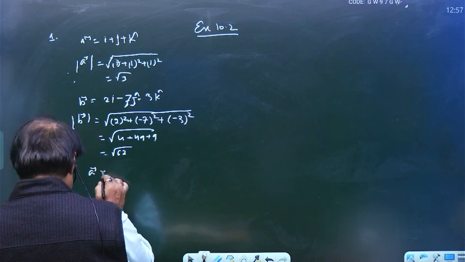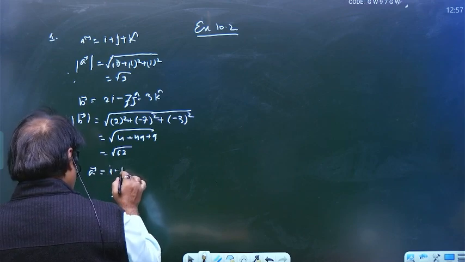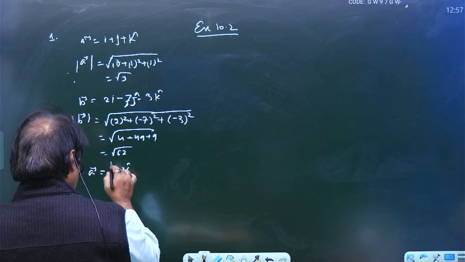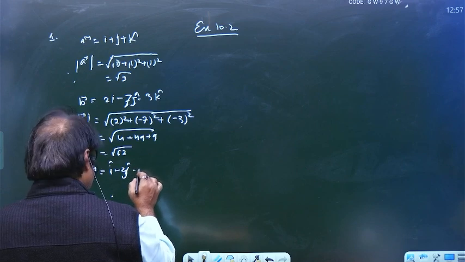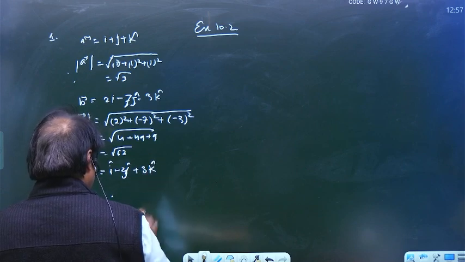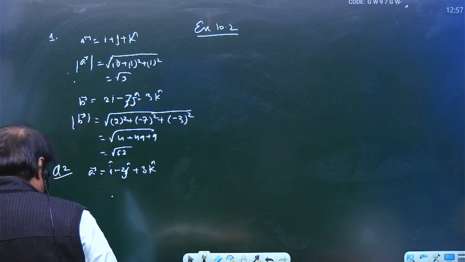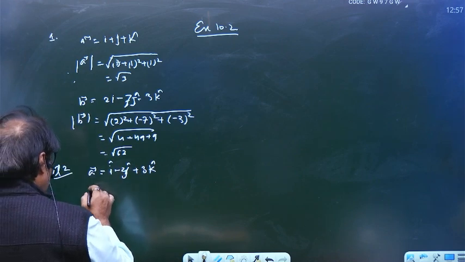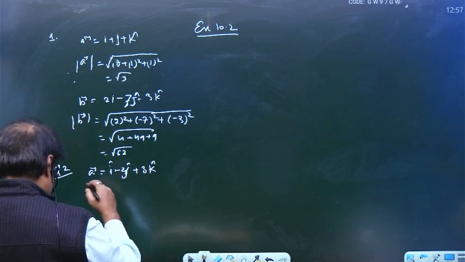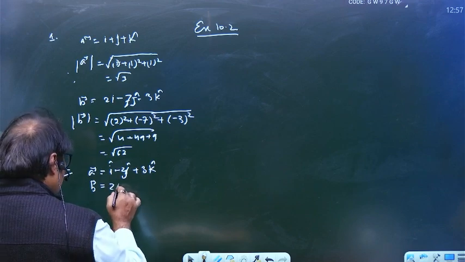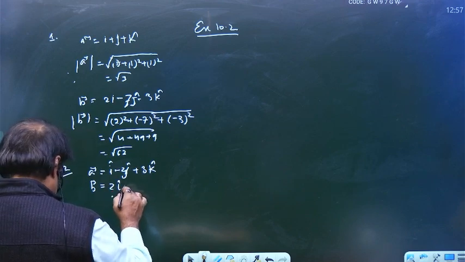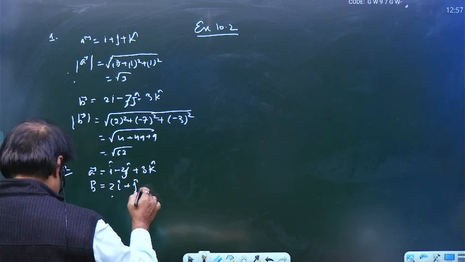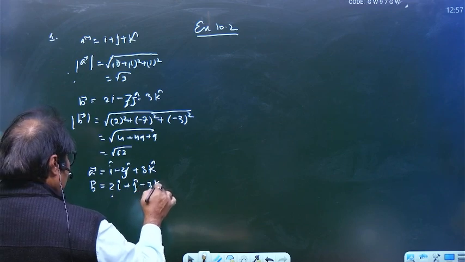Let vector A be equal to i cap minus 2j cap plus 3k cap. This is vector A. And what about the magnitude? 1 plus 4 plus 9 is 14. So for vector B we can write, just changing the direction, 2i cap plus j cap minus 3k cap.